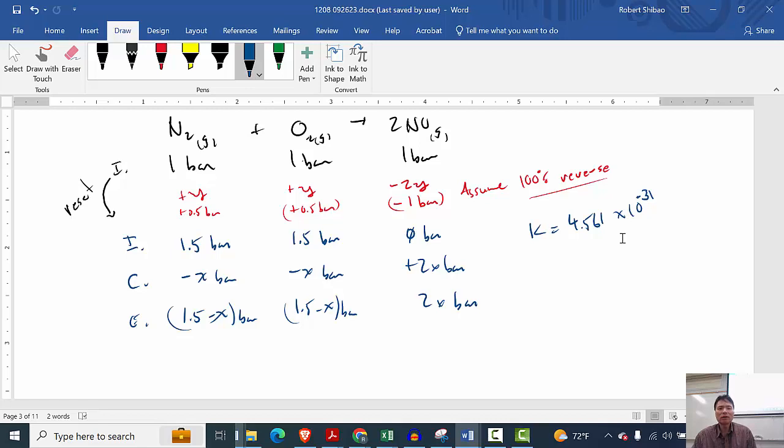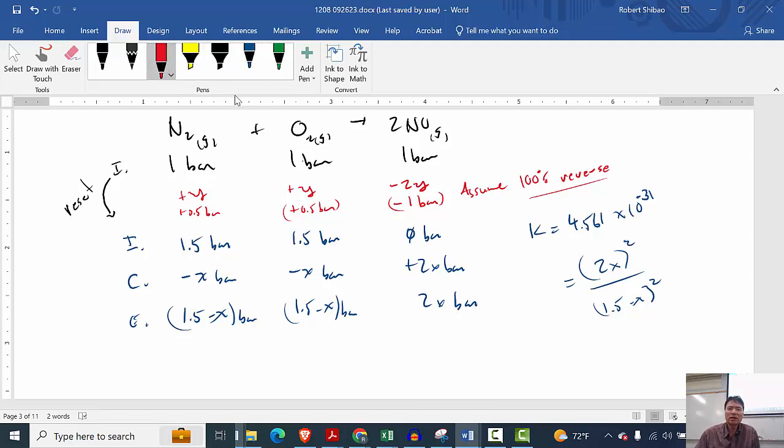So if I put all the water on the left side, there should be a very small change to the right side. And so that should be good. Let's go ahead and solve this for x. It's going to be the NO squared, which is 2x quantity squared, divided by 1.5 minus x for the N2 and 1.5 minus x for the O2, so I'll just square that.